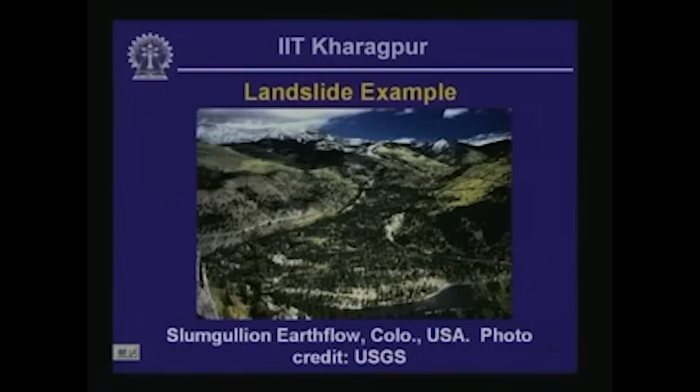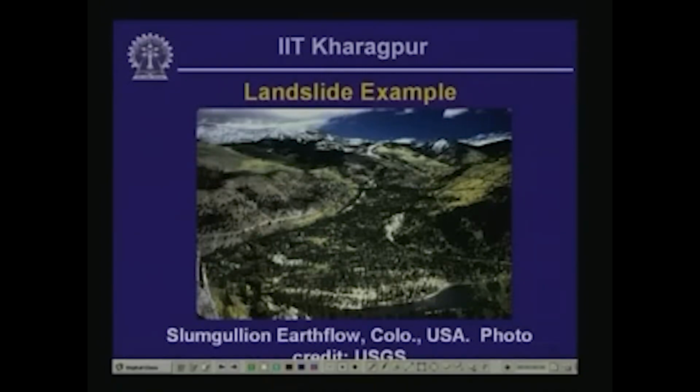A few pictures, I'm going to quickly go through these pictures. This is a picture of Slumgullion earth flow in Colorado, United States. The flow characteristic is quite obvious from the failure mass, which is visible here near the middle of this particular picture.